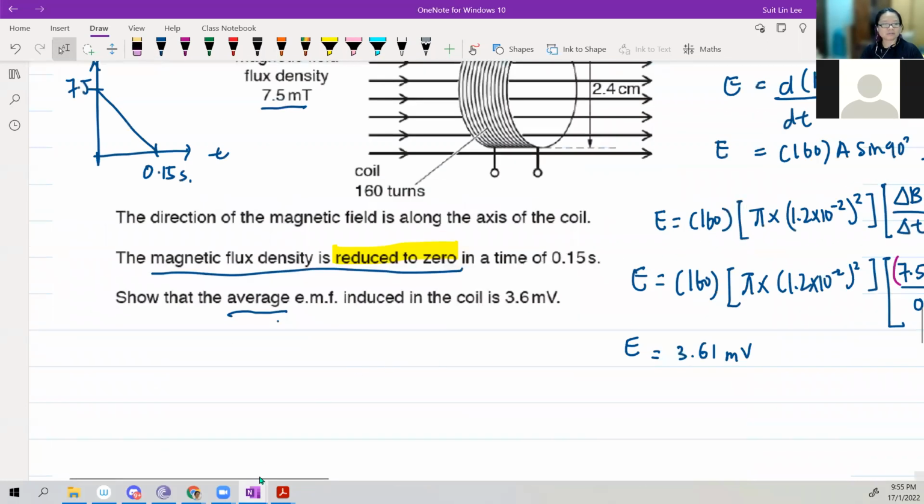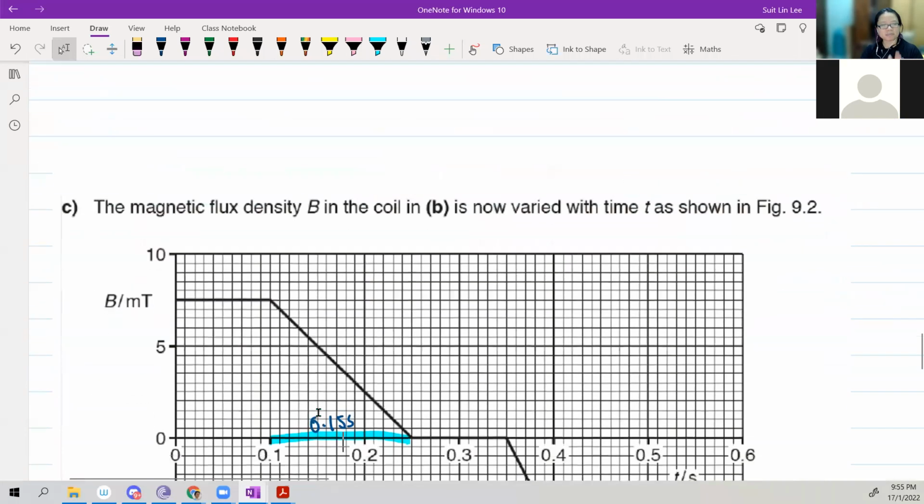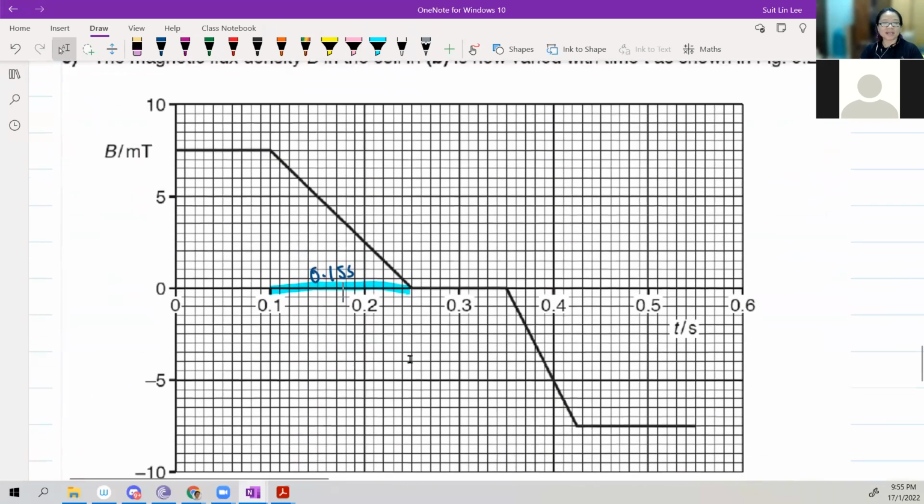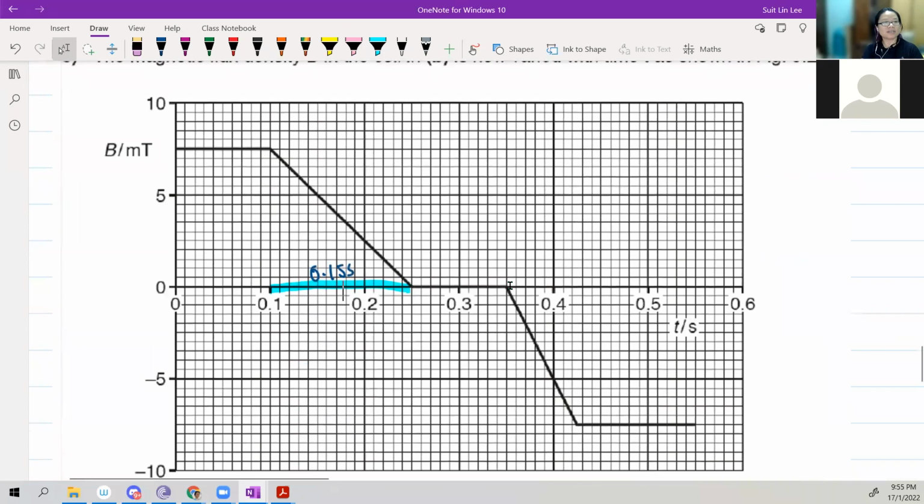Then here, 0.15 seconds. So this happens to be the same amount. And then it will stay 0 until it decreased another to negative 7.5. Actually, it's changed direction. So here, the magnetic field decreased to 0, stay at 0, and then from here to here, increase in the opposite direction.